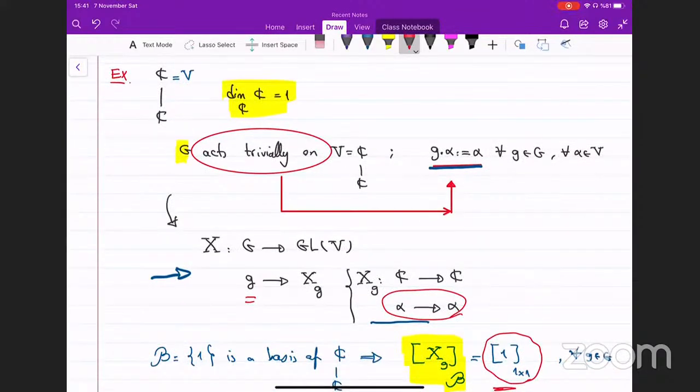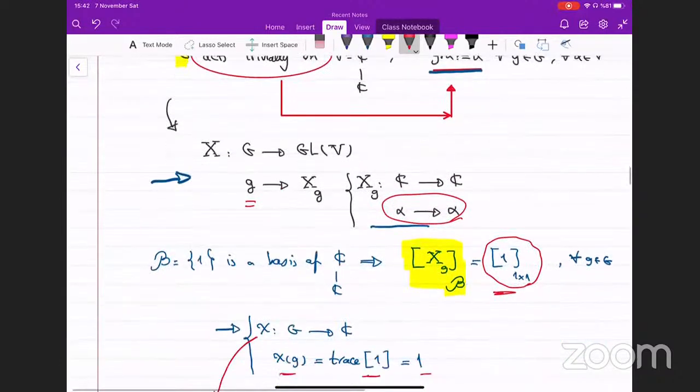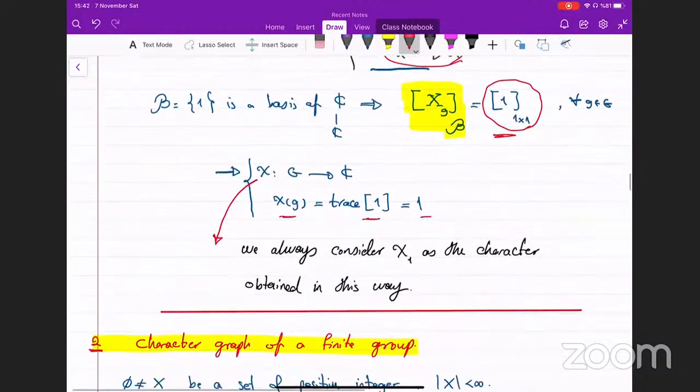So we have always 1 for any group that you think of. You can always consider the trivial action of G on this one-dimensional vector space, C as a C vector space. This action gives you a character such that this character sends any g to 1.